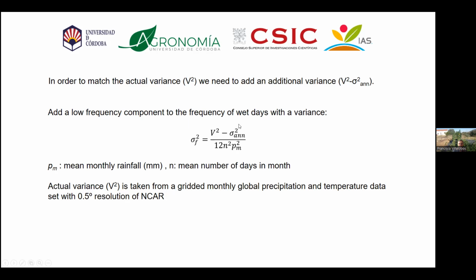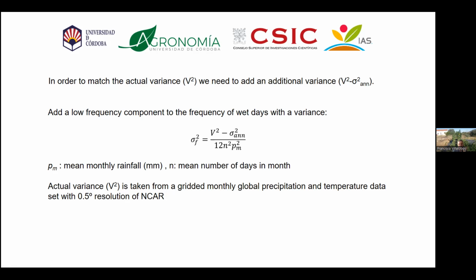To calculate this additional variance, what we need are actual values of annual rainfall variance. And that can be taken from a gridded monthly global precipitation data set like the one of NCAR, which has a 0.5 degree resolution.